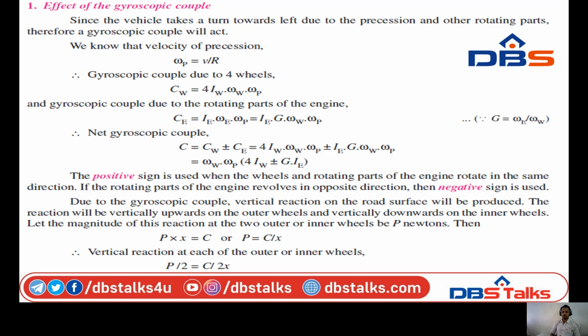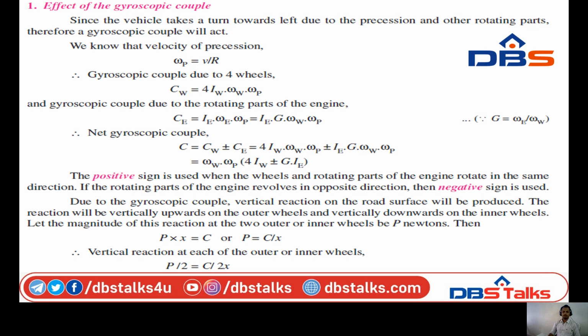That means the total net gyroscopic couple is C_W plus or minus C_E. So this is the content we discussed in the last class.